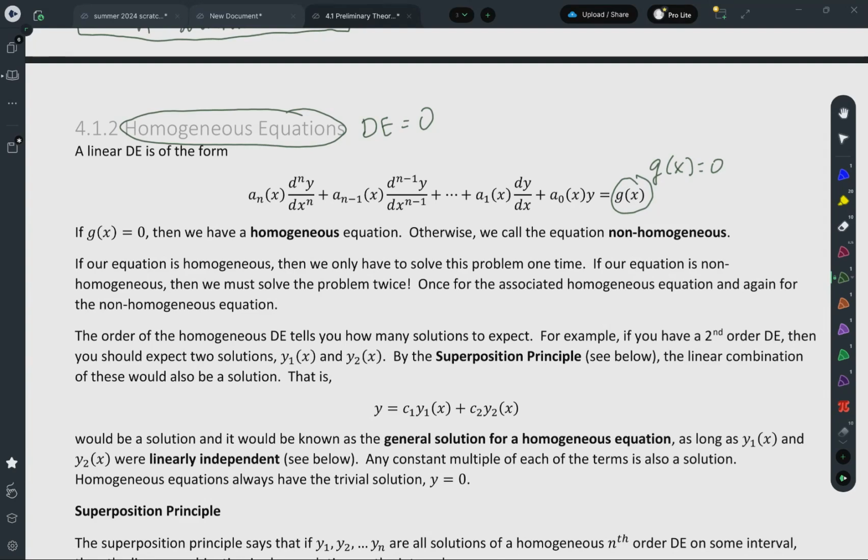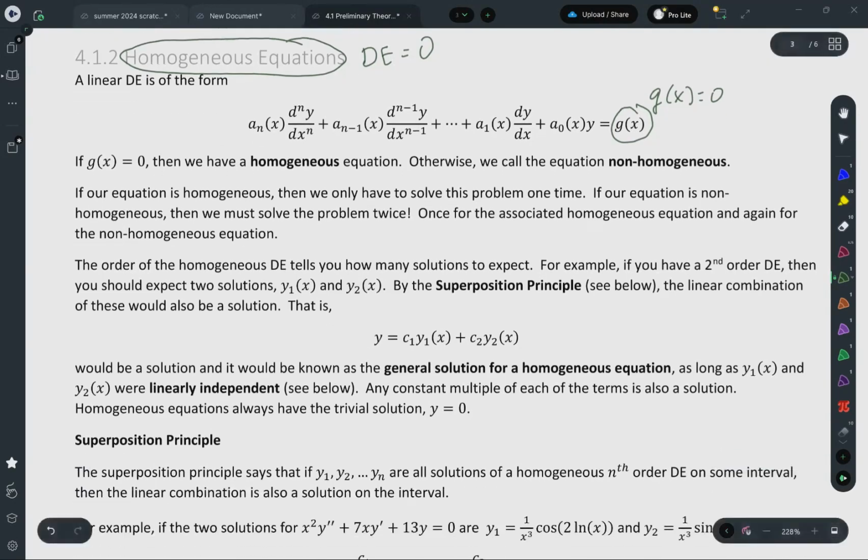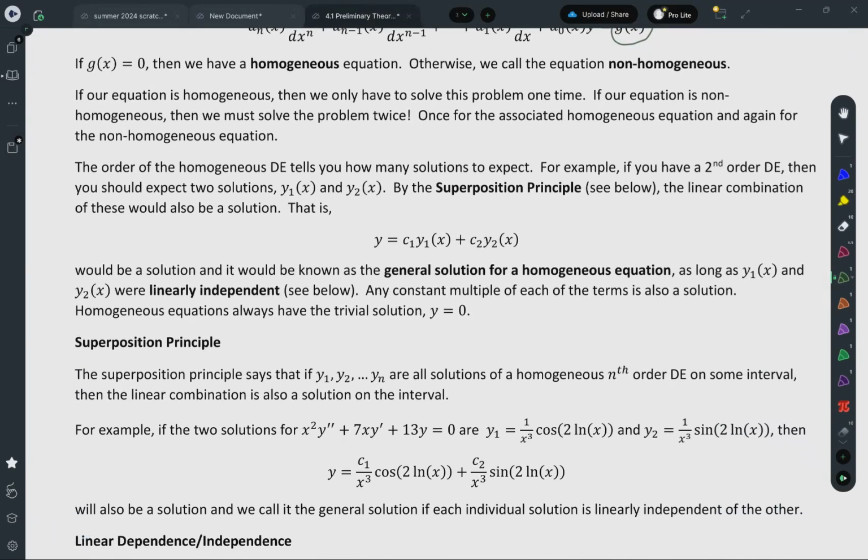So it'll be a bit more work, and we'll learn methods for these in other sections. Again, this section's kind of about the theory and the definitions and whatnot. So right now you need to know the difference between homogeneous and non-homogeneous. The order of the homogeneous differential equation tells you how many solutions you can expect. So if we have a second order differential equation, we'll get 2 solutions.